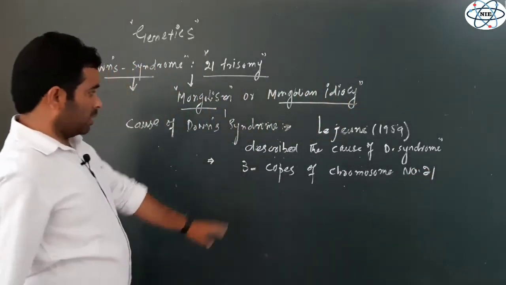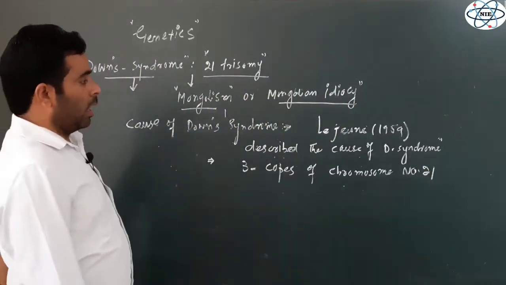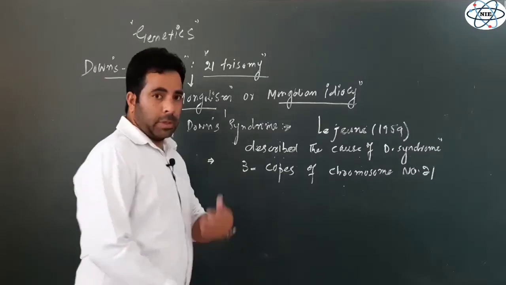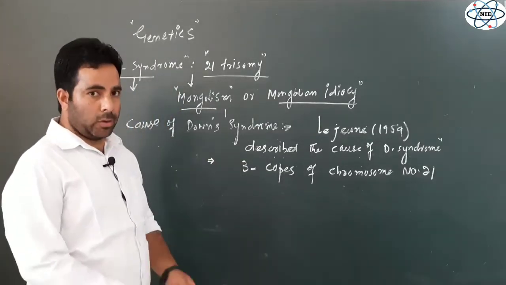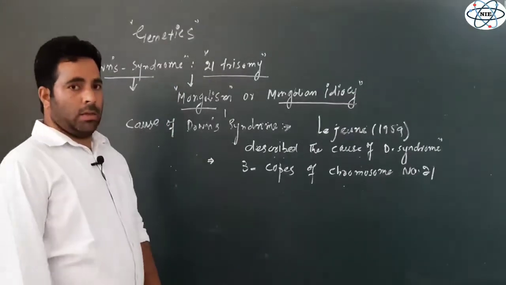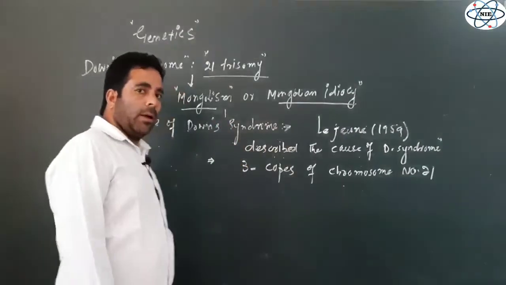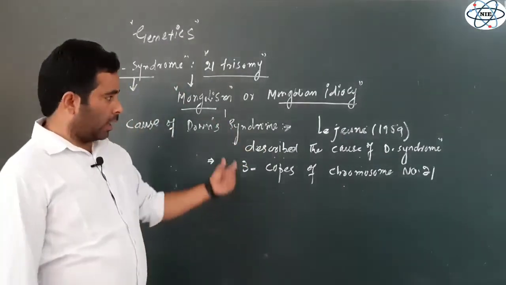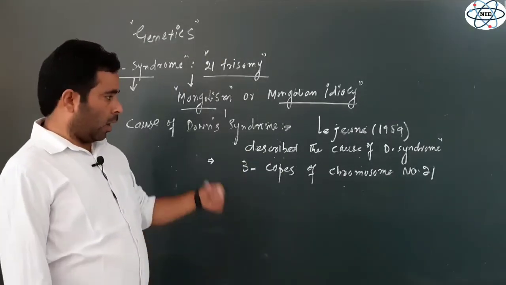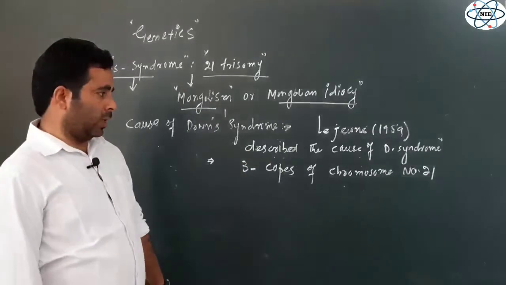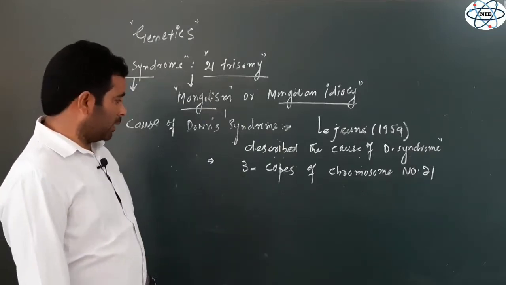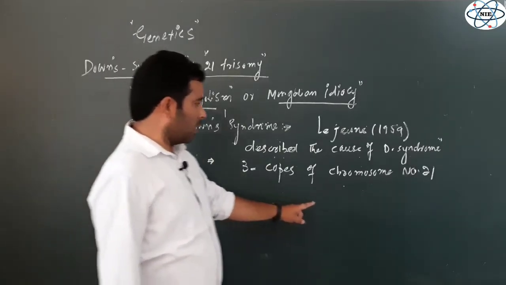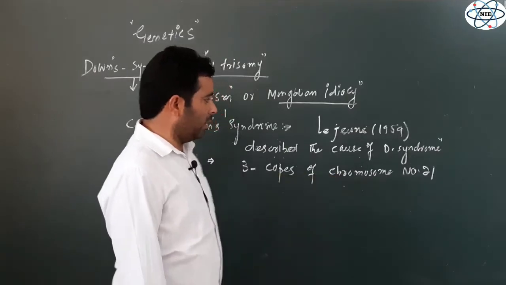The cause was described by Lejeune, and he found, after developing the karyotype of the individual, counting the number of the chromosomes in his or her cells, he finally confirmed that there are 3 copies of chromosome number 21 instead of 2.